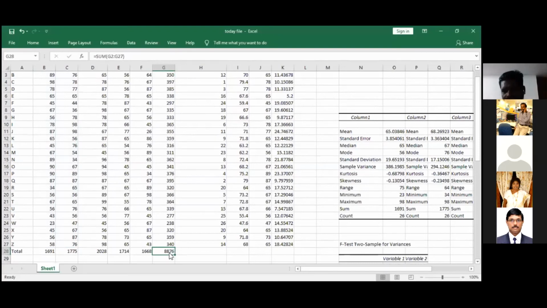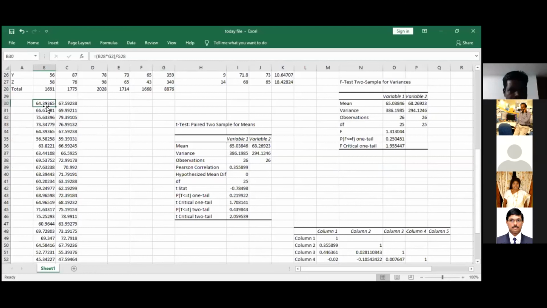I mean, for the A student expected value: B28 into G2 divided by G28. B28 for the total, then G2 for the total, divided by the overall total, G28.